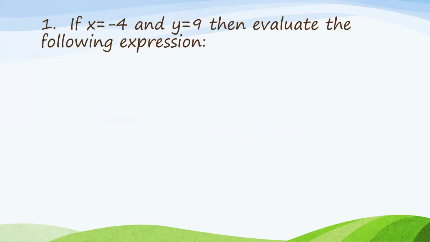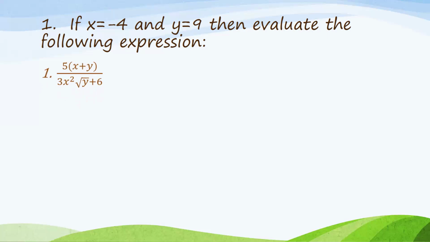For example, I have taken 2 questions from exercise 3.1 to clear your concepts on how you can evaluate the expressions if some values are given. For example, if x is equal to minus 4 and y is equal to 9, then evaluate the expression. Here is an expression given to you.